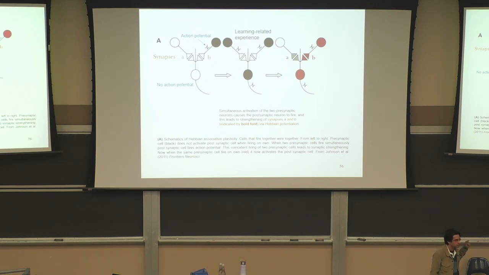Now the output cell will actually fire when it's stimulated by neuron B. Yes, but is that because of the simultaneous input that happened before? Yes. It's because of what happened in the middle time point.